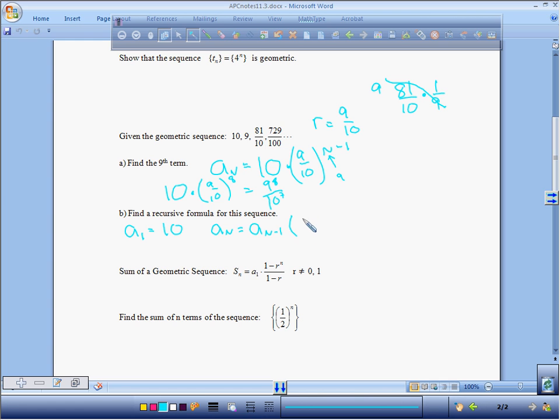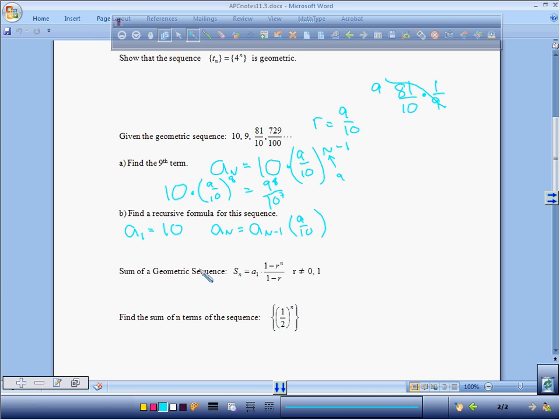Times what? What did I multiply this by to get this? 9 over 10. That's the recursive formula for that sequence. Is that hard? Not hard.